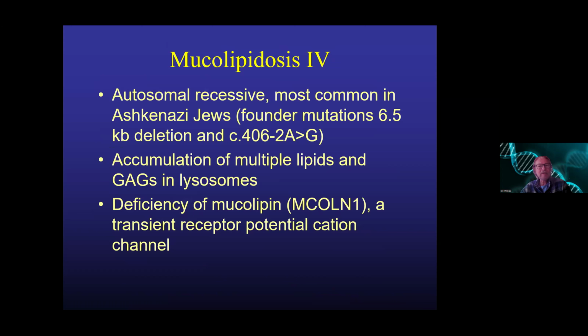Mucolipidosis 4, turning to a different disease that's more rare. It's recessive. It's most common in Ashkenazi Jews. There's a couple of founder mutations. They have accumulation of multiple lipids and GAGs in their lysosome. They get kind of a fingerprint pattern in their lysosome. Deficiency of mucolipin, a transient receptor potential cation channel.